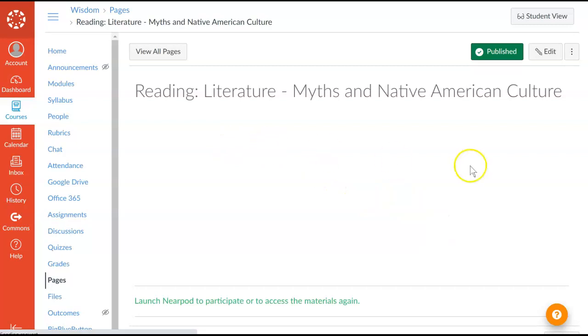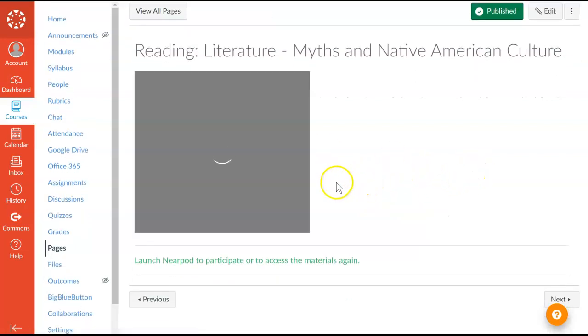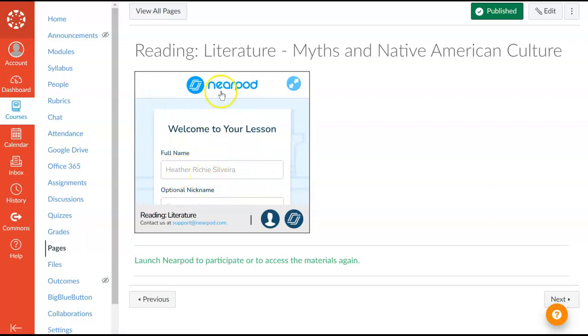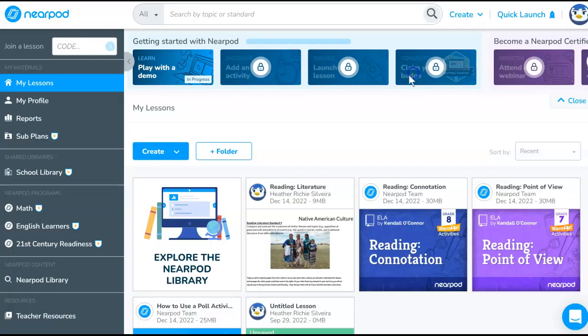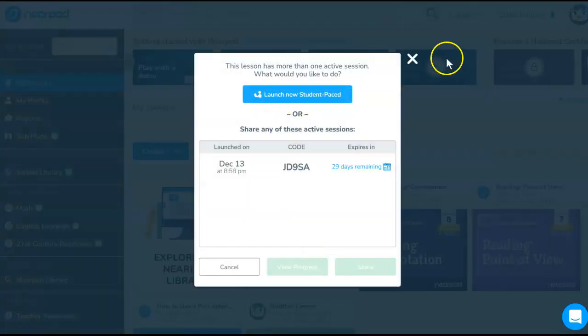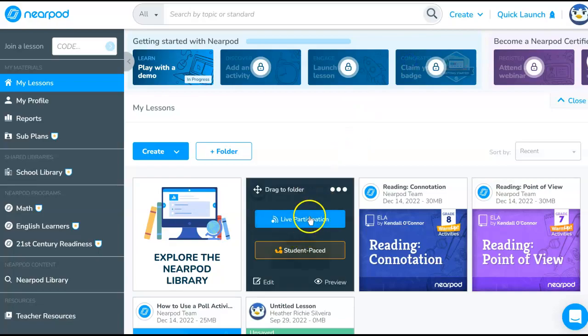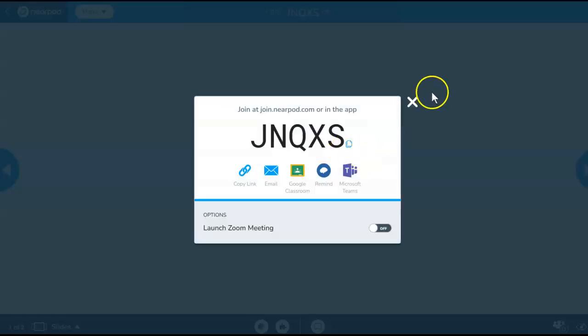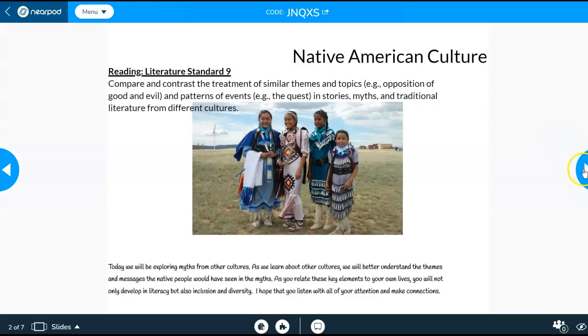And then here, there's a link to the Nearpod. And we could actually go right here and take a look at that. Oh goodness.